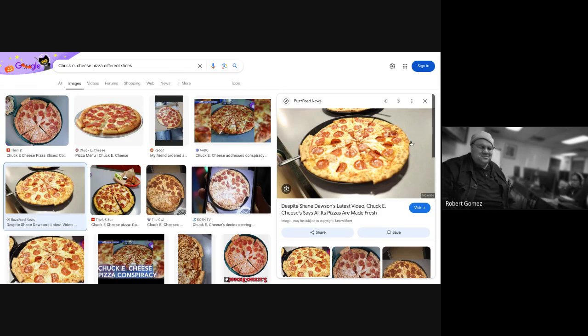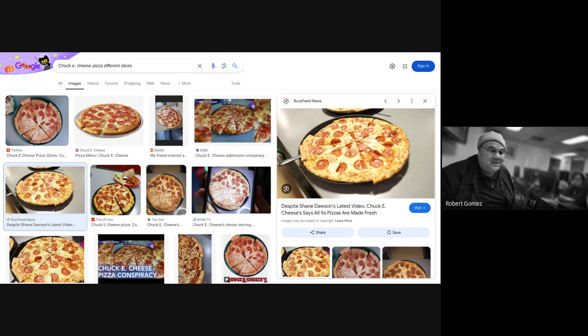That's the Chuck E. Cheese pizza conspiracy: they take pizza that wasn't eaten and add it to another pizza that wasn't totally eaten, and they're like, okay, happy birthday, kid, here's a whole pizza. That's the conspiracy, okay?